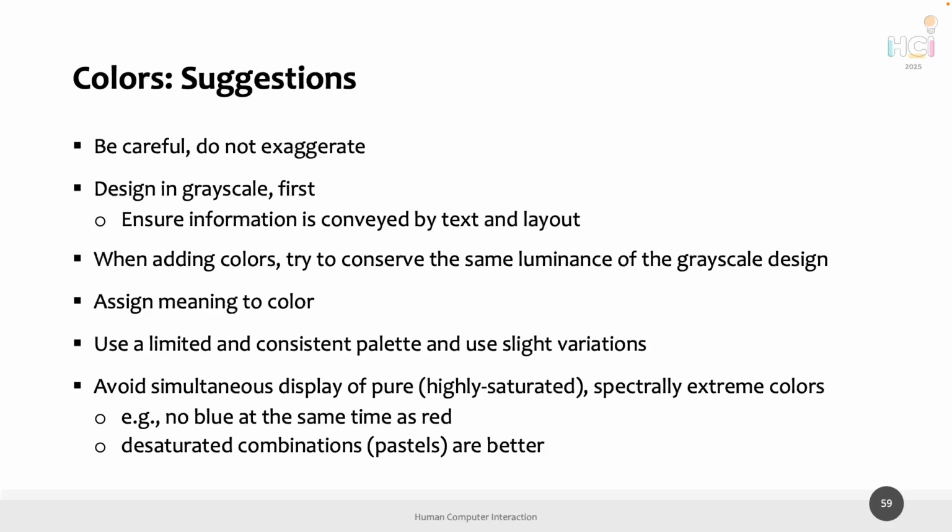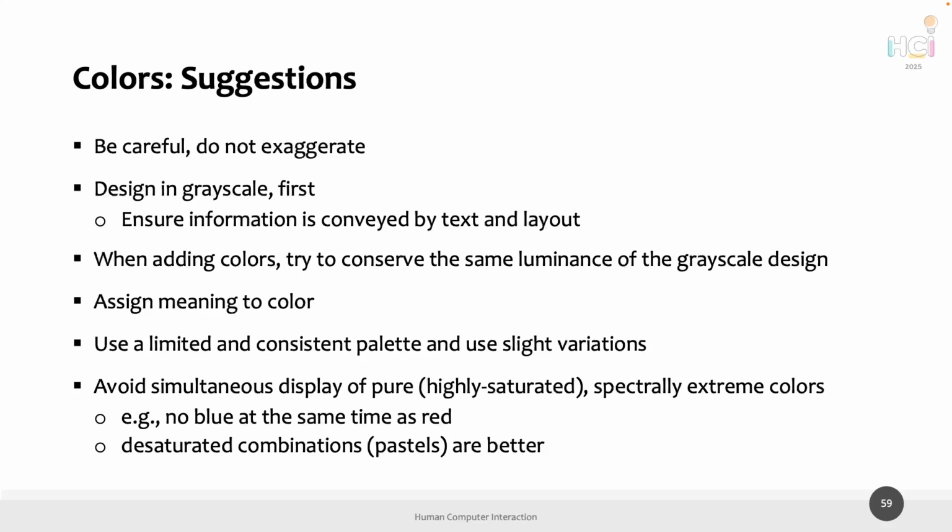The second bullet point is very important, and it's also part of our process. Designing grayscale first. So we'll see some examples, and you in your project will first design in medium fidelity, which is still in grayscale, because it is important to ensure that information is conveyed by the text and the layout.